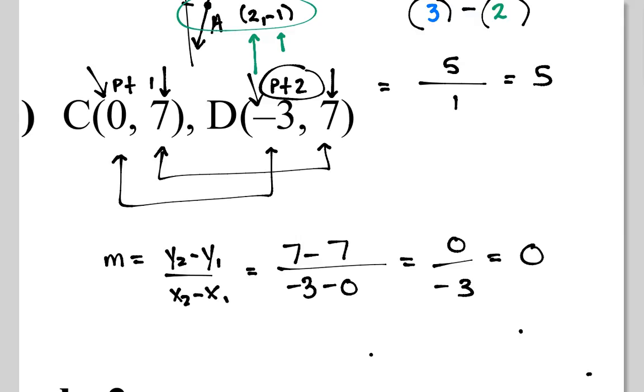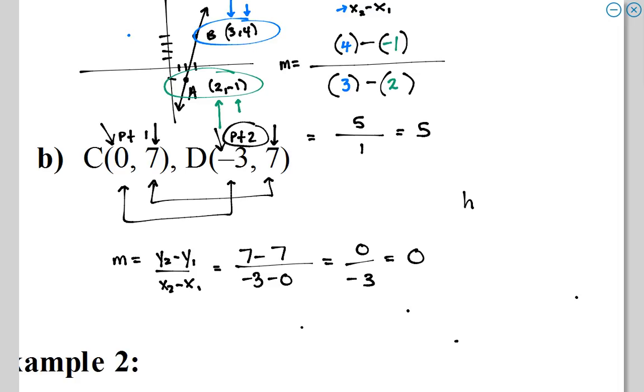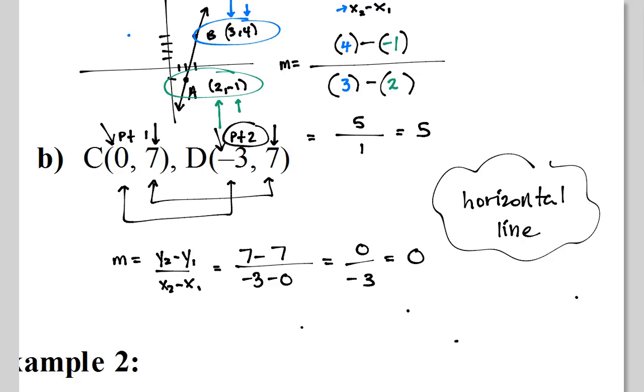So when you think about the rise over the run, the rise was 0 and the run was 3, or whatever. You get 0. So a slope of 0, that's a horizontal line. And we'll see that shortly as well. But we can jot it down now if you like. Slope of 0 is horizontal.